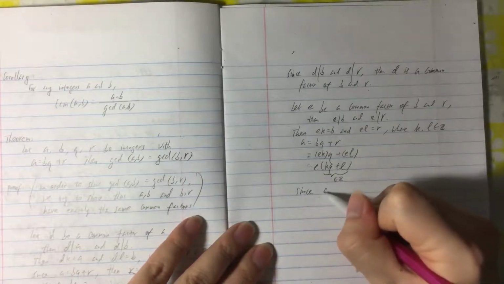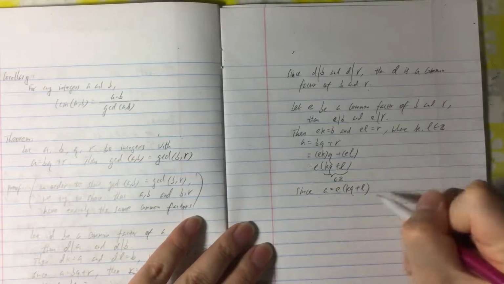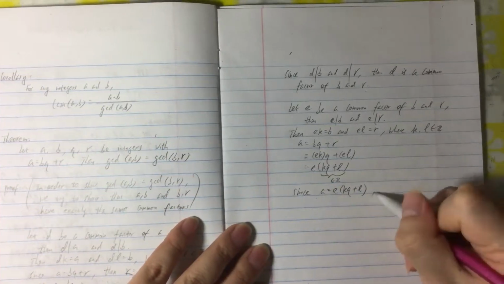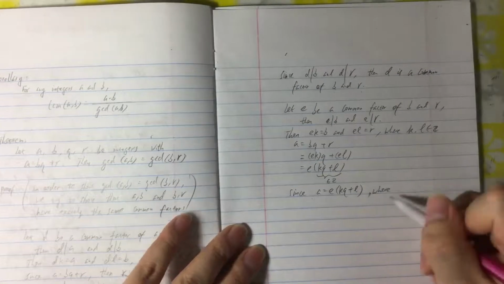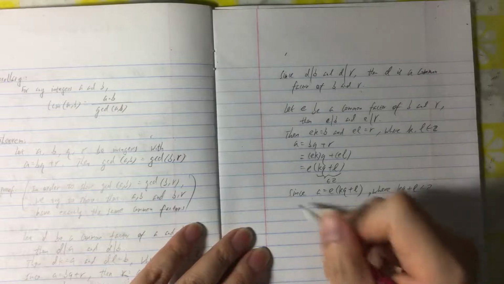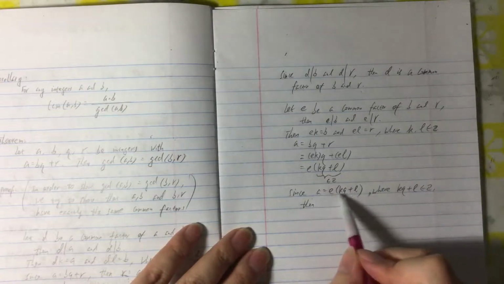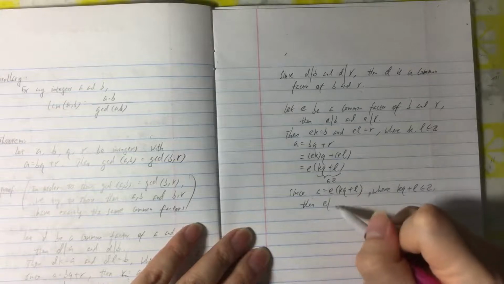Since A equals E times KQ plus L, where KQ plus L is an integer, A equals E times some integer, so E divides A.